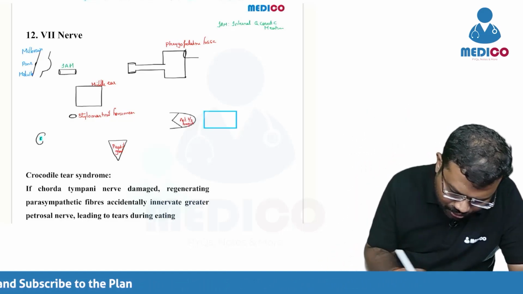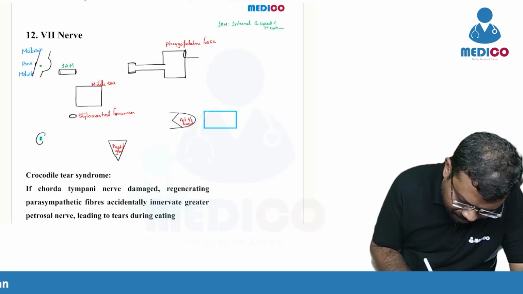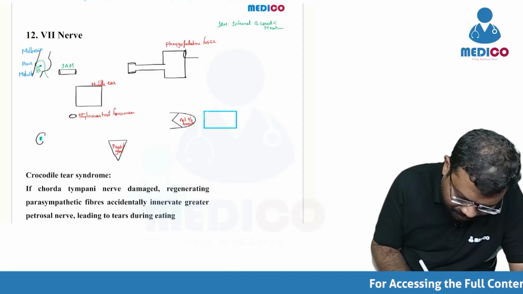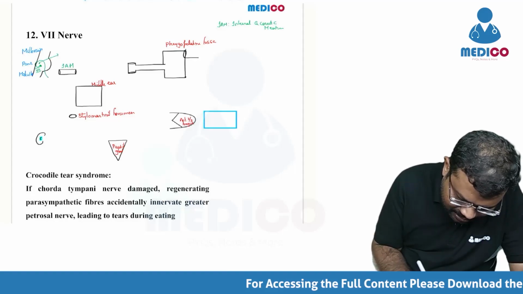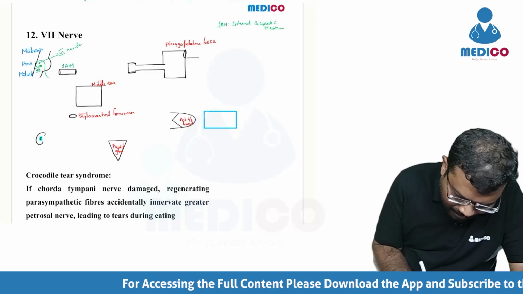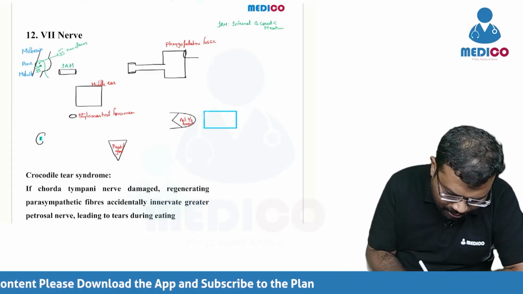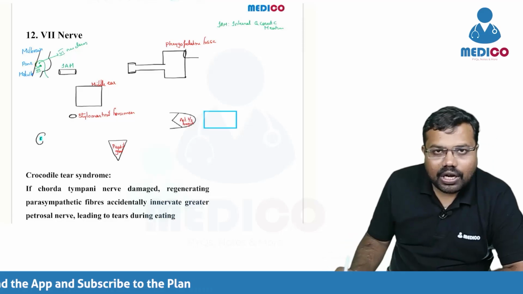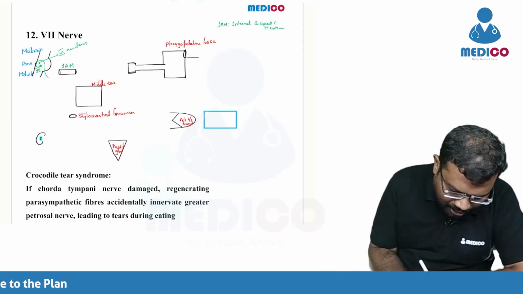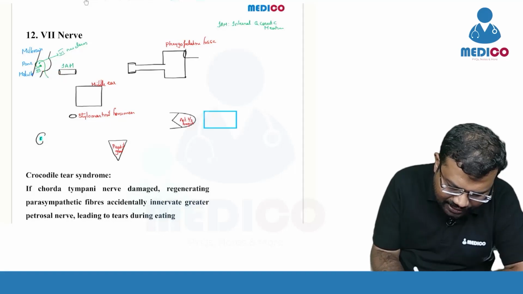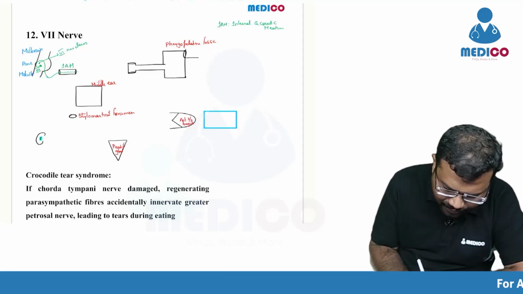So the facial nerve usually starts at the level of the pons. This is called the seventh nucleus, but it winds around the sixth nucleus and comes out. Let's imagine this is the sixth nucleus. It winds around the sixth nucleus to form a colliculus called the facial colliculus on the posterior pons, or we can say the floor of the fourth ventricle. Then it enters the internal acoustic meatus.